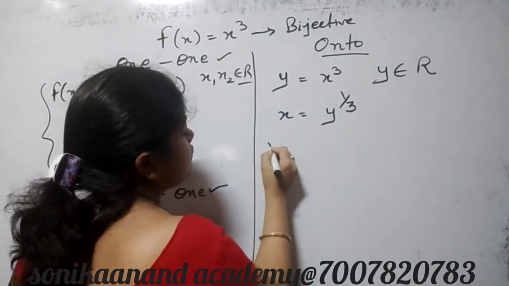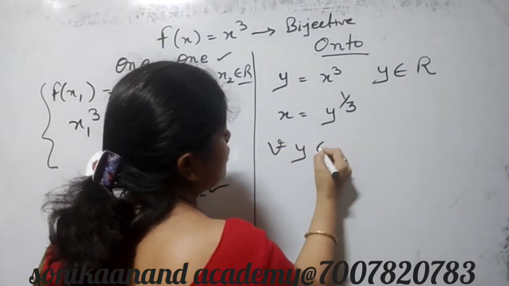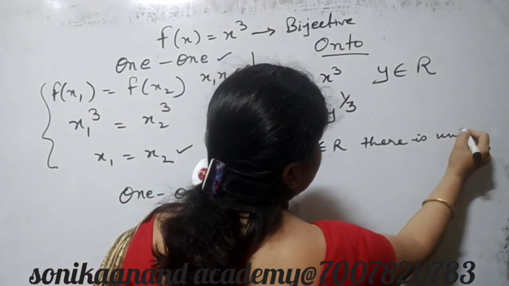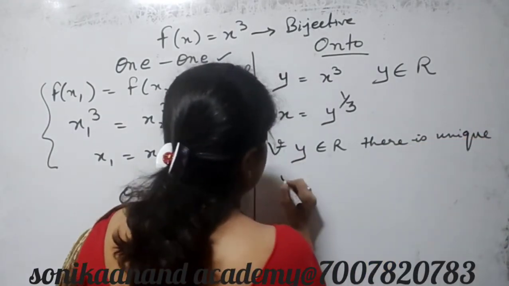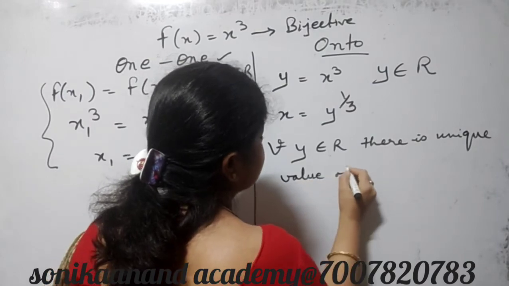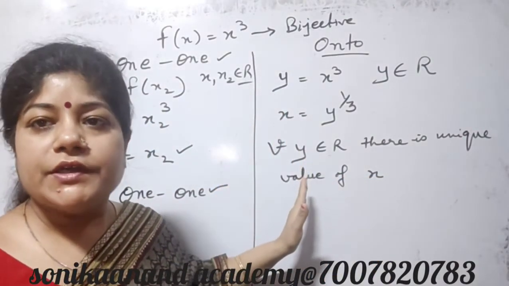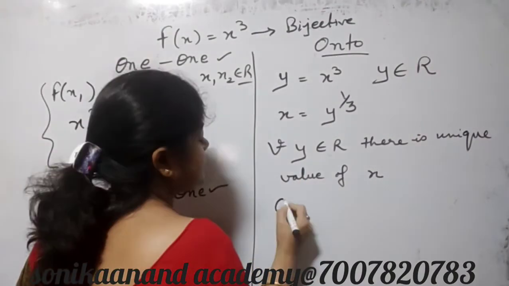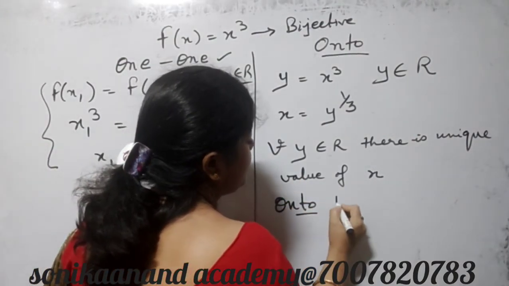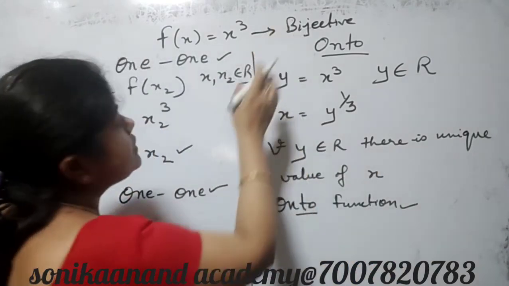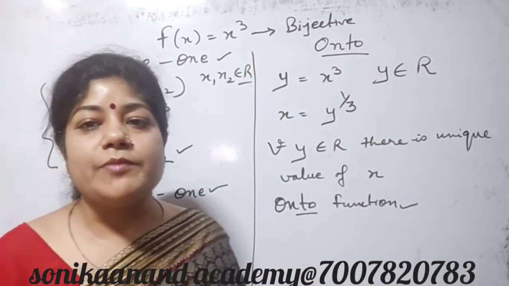That means for every y belongs to R, there is a unique value of x. That means we are able to find the inverse of the function. So this function is also onto. So overall, the function f(x) is equal to x cube is bijective.